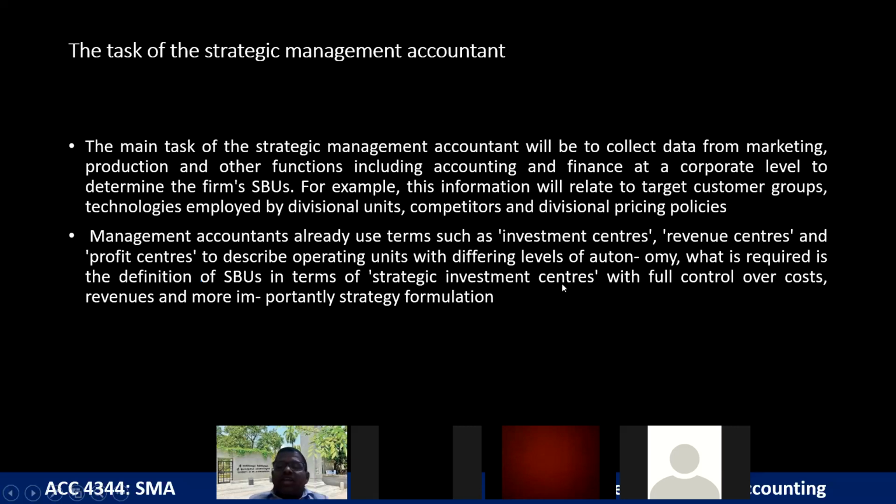When you say strategic investment center, the CEO or the people in that unit, or the unit itself, have more autonomy. That's why it says autonomy here. Much more important, the autonomy. Basically, autonomy means your right to make decisions.